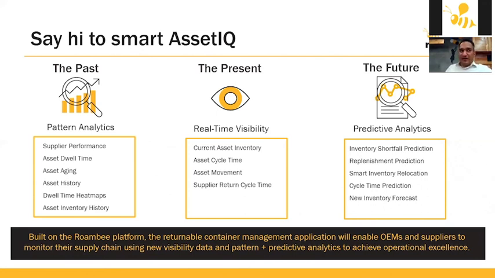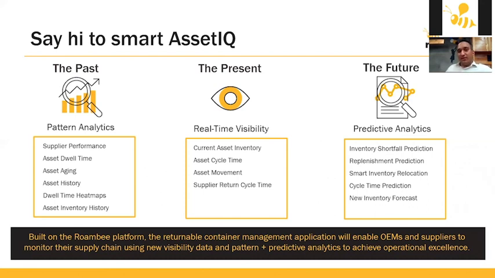And this is where our artificial intelligence and robotic process automation technologies come into play, where we predict what is the best routing for your assets. We predict whether your assets are at risk of getting lost or they're going to age beyond a point, and we recommend what to do with them.